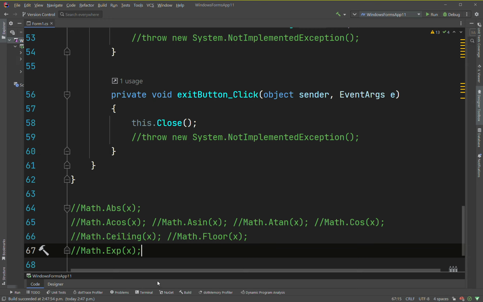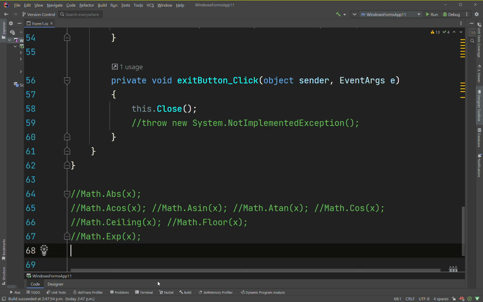Math.Floor we talked about, and then we have Math.Log, log of x, the logarithm. I kind of forgot what that is, but I remember using it in math. It returns the natural logarithm of x.